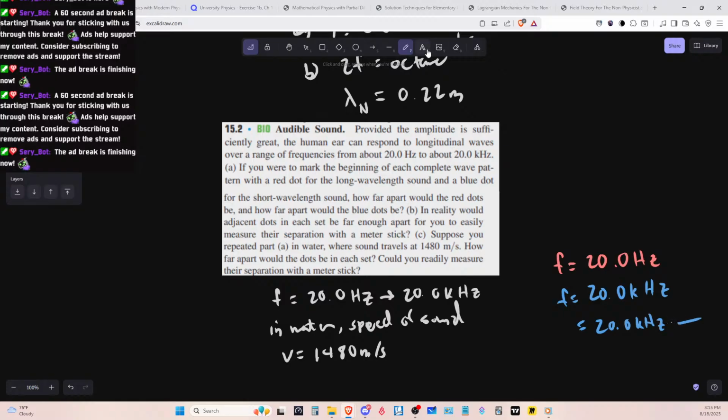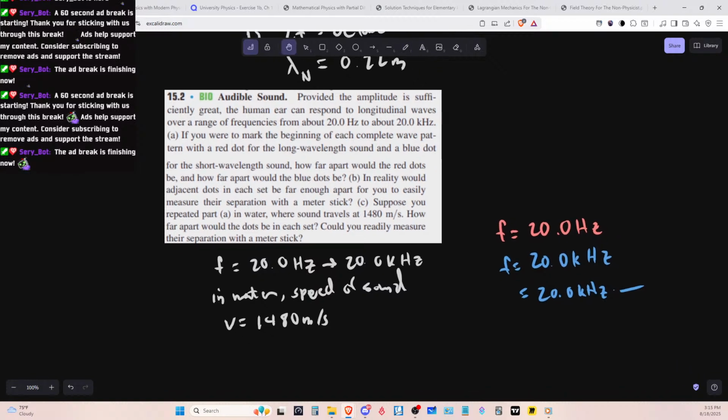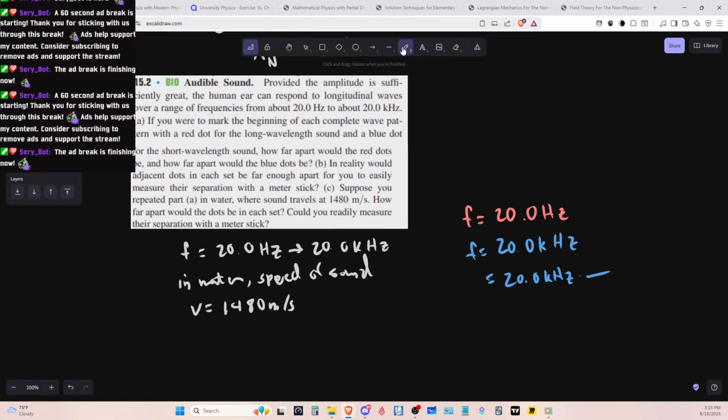If you were to do the math on that, kilohertz is like, 1 kilohertz is 1,000 hertz. So if you do that, that's 20,000 hertz.